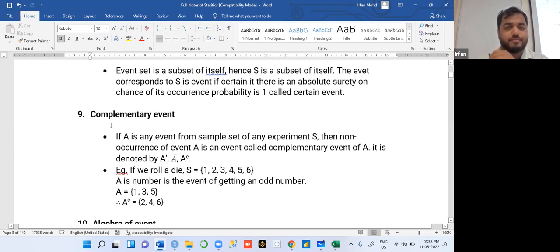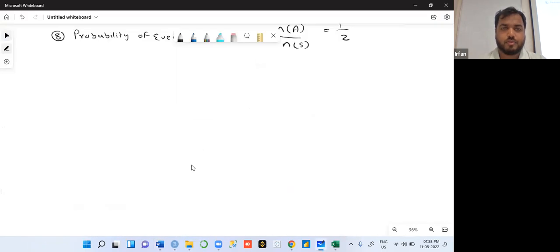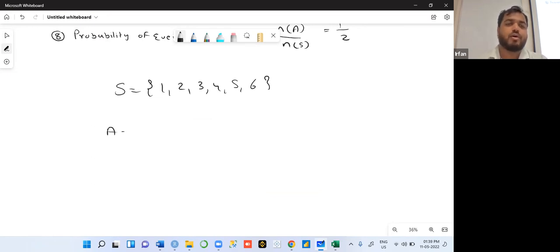We have complementary. Let's say an example I will write for you. Let me show a die. Sample space is 1, 2, 3, 4, 5, 6. Clear? Let A be the event of getting odd numbers: 1, 3, 5. What is the opposite of A, guys?